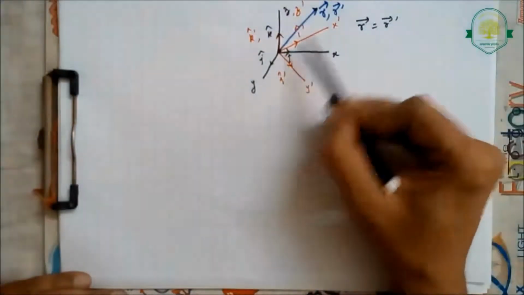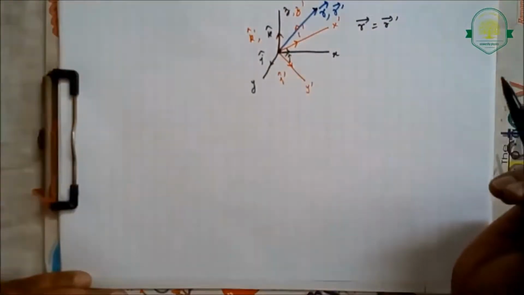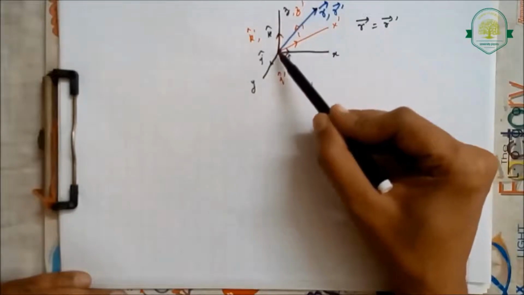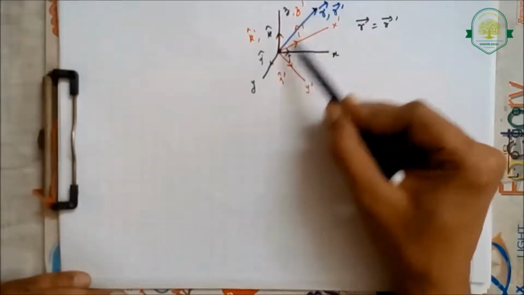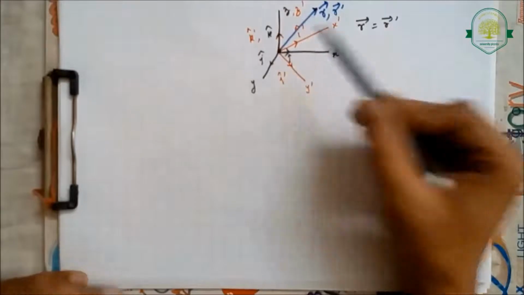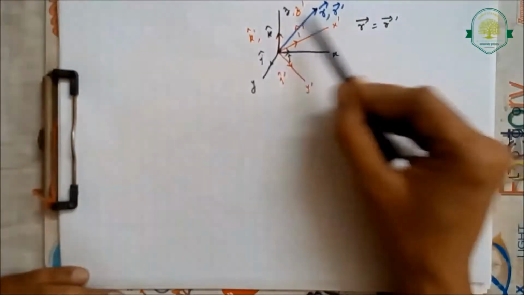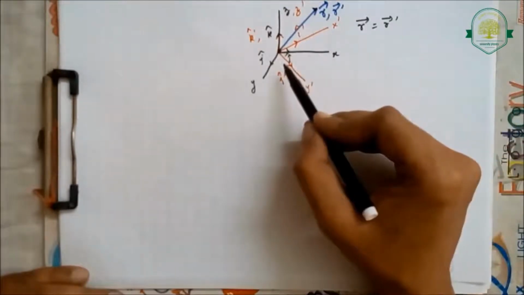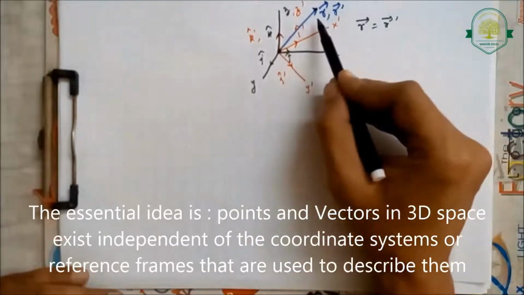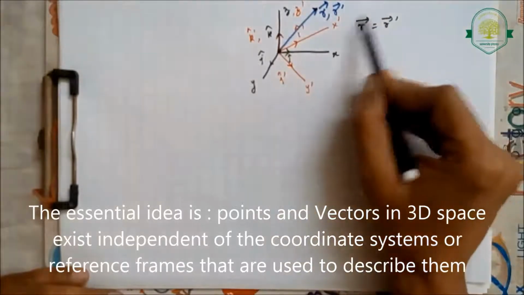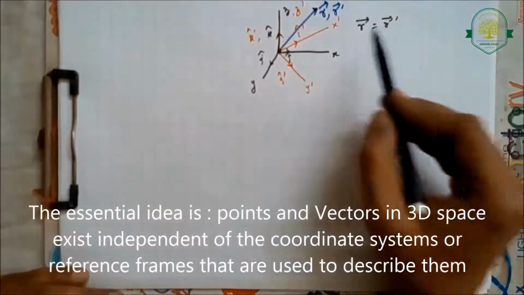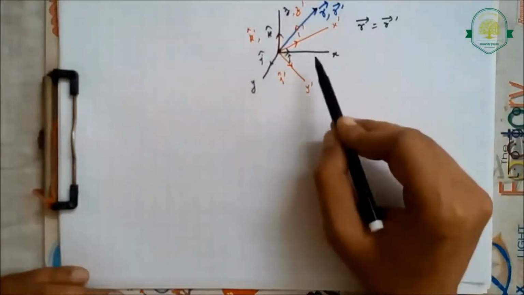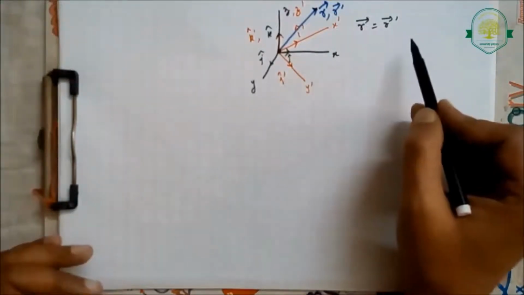Obviously the description of these 2 vectors are different, but they are essentially the same vector because we have found that vector by joining two points which are common in both the frames of reference. So the position vector in the unprimed frame and the same position vector in the primed frame are obviously the same, although the orientation of these 2 vectors in the 2 different frames are different, and therefore the descriptions are different.